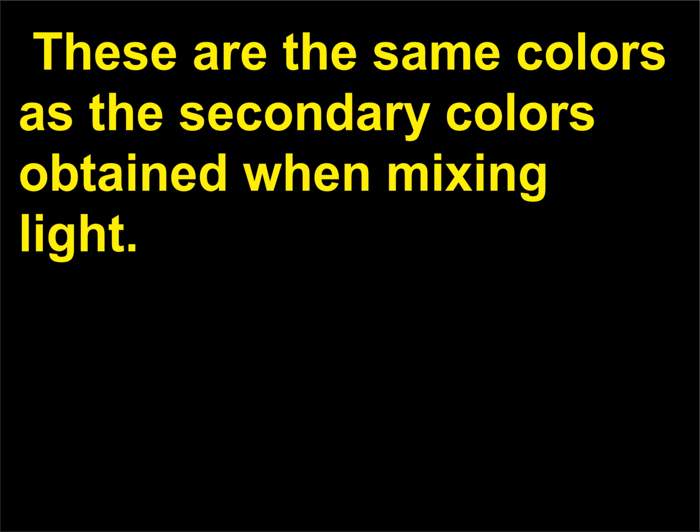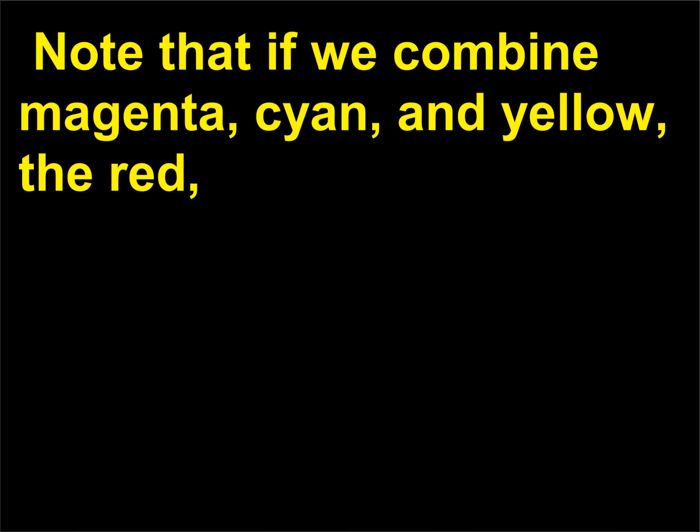These are the same colors as the secondary colors obtained when mixing light. Note that if we combine magenta, cyan, and yellow, the red, green, and blue are all removed, leaving nothing, that is, black.